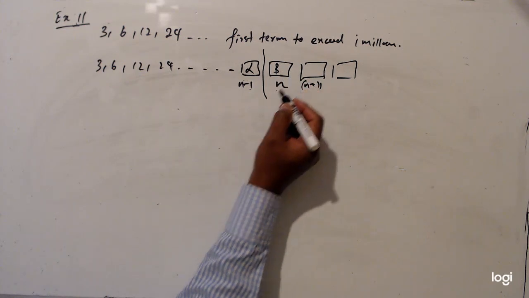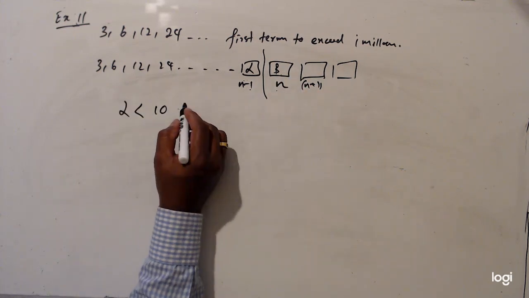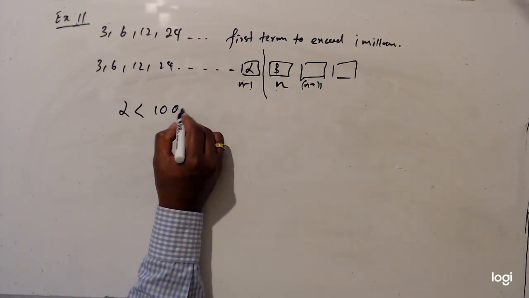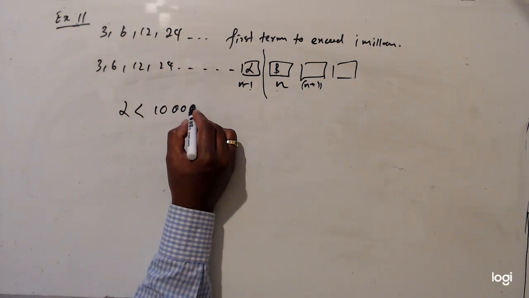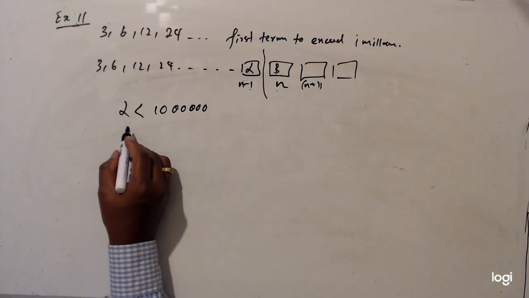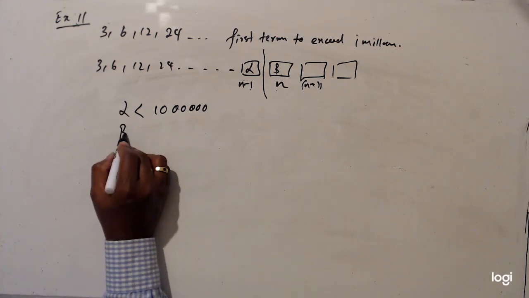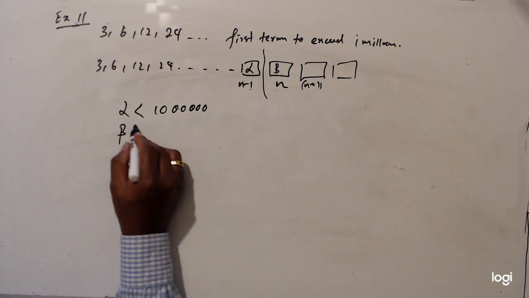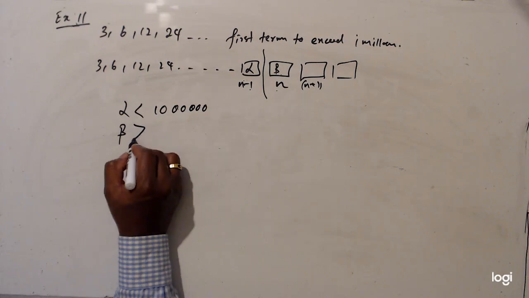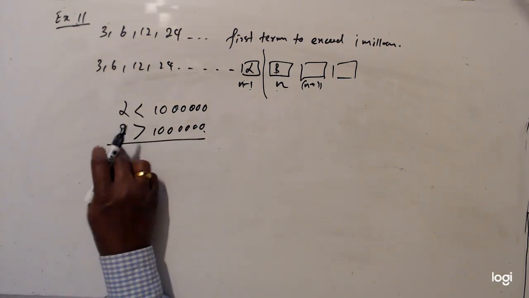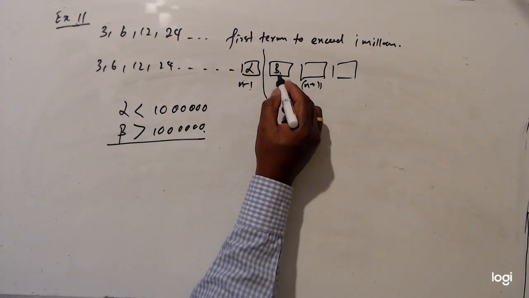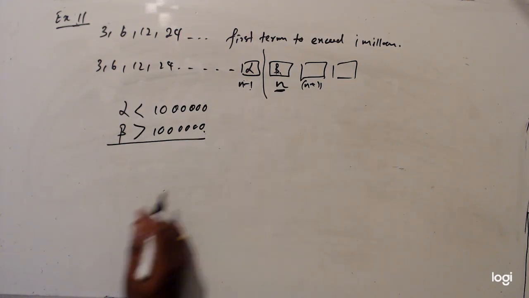So the alpha term is less than 1 million, and the beta term is more than 1 million. So we need to find this beta term, which term number it is.